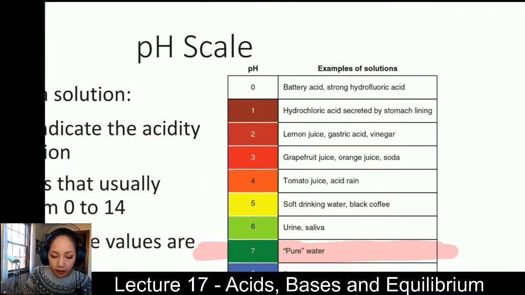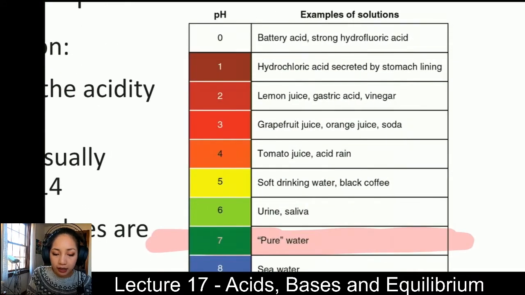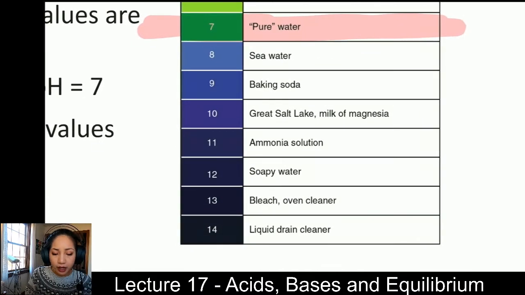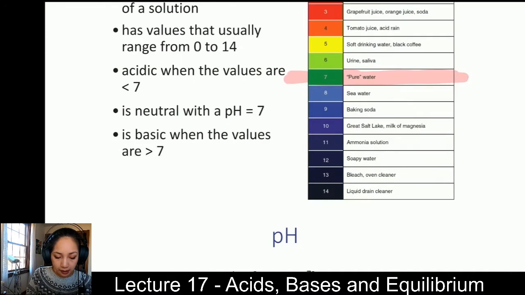Some acidic substances: battery acid is quite a strong acid, hydrochloric acid that's in our stomach, lemon juice, grapefruit juice, lots of things that we eat on a daily basis are acidic. Some basic substances: seawater is slightly basic, baking soda, the Great Salt Lake, because of all that salt there, is quite more basic than pure water. Ammonia, soap, bleach, drain cleaner, those are basic substances.